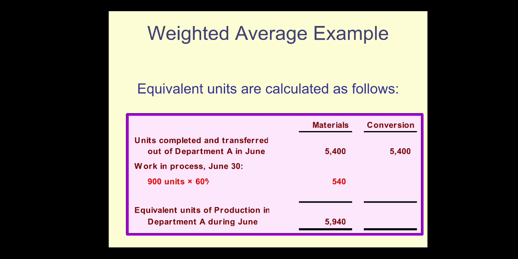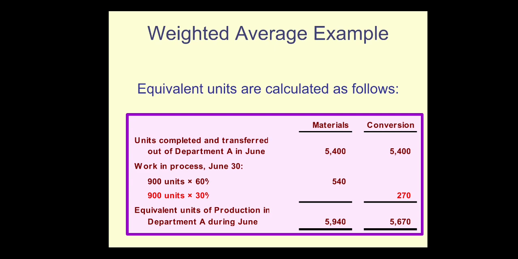Okay. And then in terms of conversion, it is 30% complete. The physical is 900 unit, but in terms of conversion cost, it is only 30% complete. So 900 units at 30% completion equal to 270 equivalent unit.